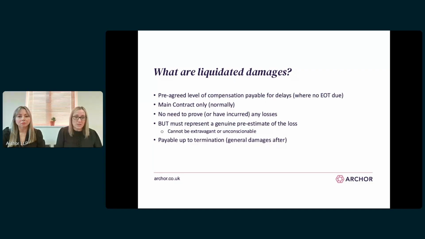The contractor's losses for delay can vary widely because it can comprise the liquidated damages that they may incur under the main contract, but also the main contractor's own loss and expense, and potentially, depending on when in the project the works are delayed, they may also be liable for other loss and expense claims brought against them by other subcontractors. So it's very difficult for main contractors to actually pre-estimate the level of damages that they might incur if the works are delayed by a subcontractor.